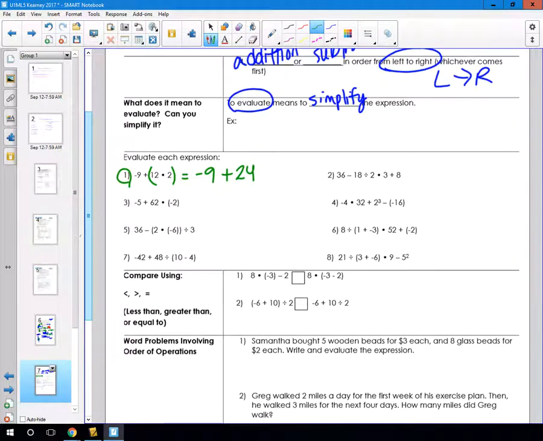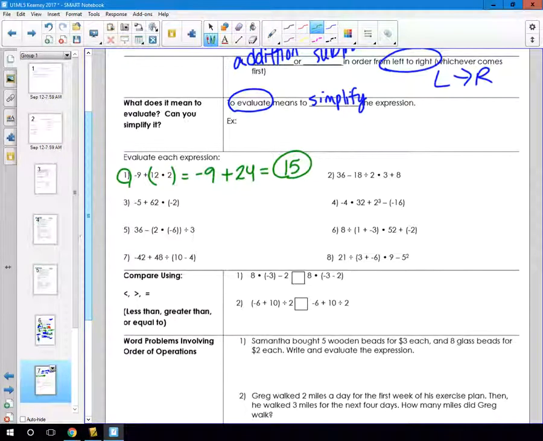So think about same signs add, different signs subtract. So we have 9 red chips and 24 yellow chips. So do you have more yellow or more red? We have more yellow. And how many more yellow chips do you have? You have 15.